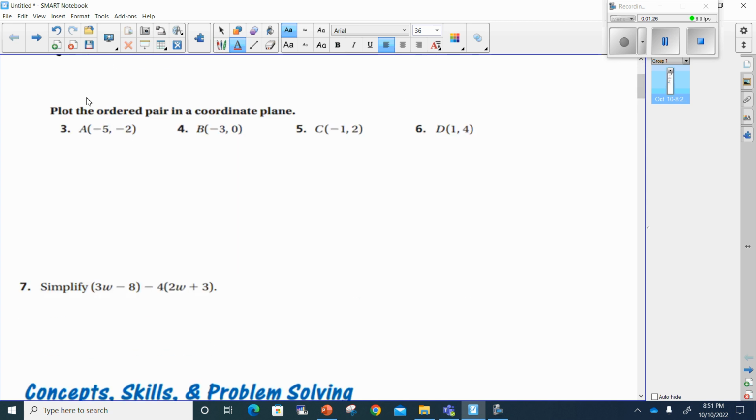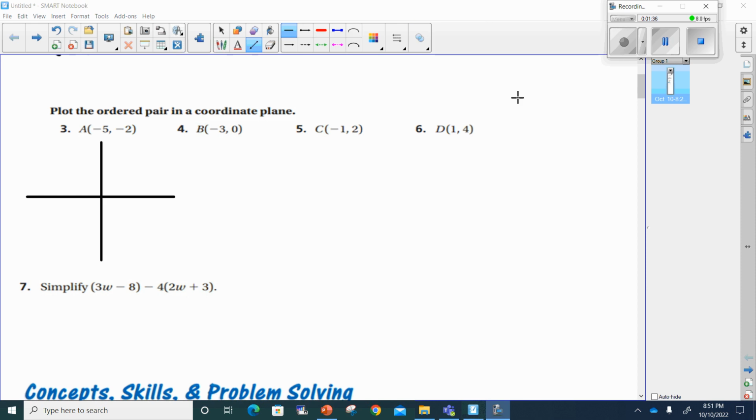Number 3, plot the ordered pair in the coordinate plane. So if I'm going to plot this in the coordinate plane, first I'm going to make a coordinate plane, and not waste time on the video by doing that. I took a little time to go ahead and put my coordinate plane there. I have -5, -2, so that tells me I'm going to go back 1, 2, 3, 4, 5.